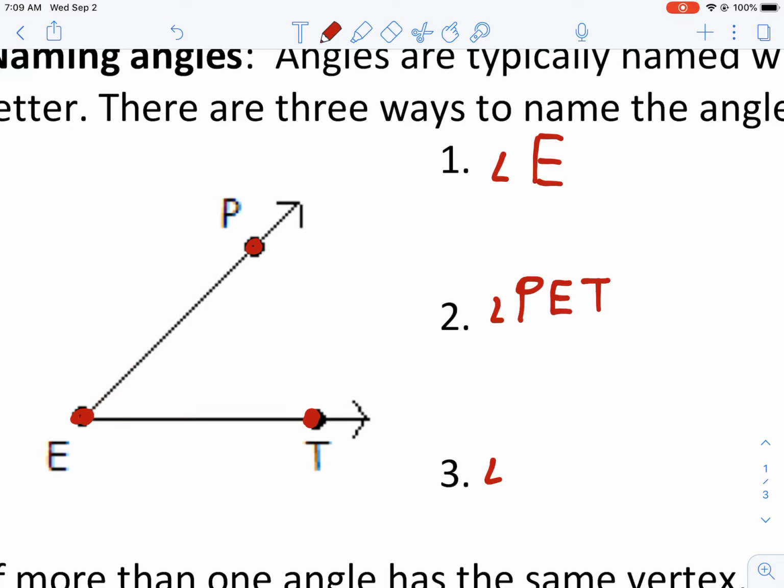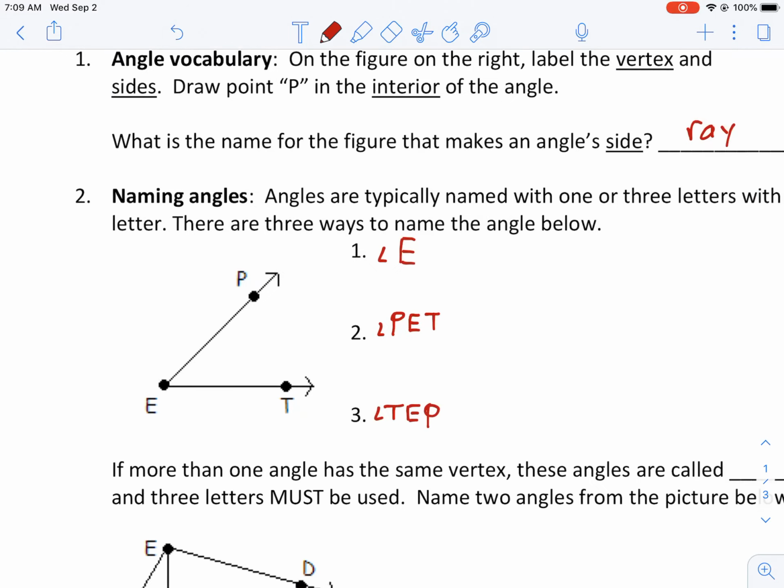You could also go backwards, from T to the vertex, so the vertex is still in the middle, and then up to P. It literally does not matter. There's no difference between these two. You could start with either, just make sure you go to the vertex second and then out to the third point to describe that angle.